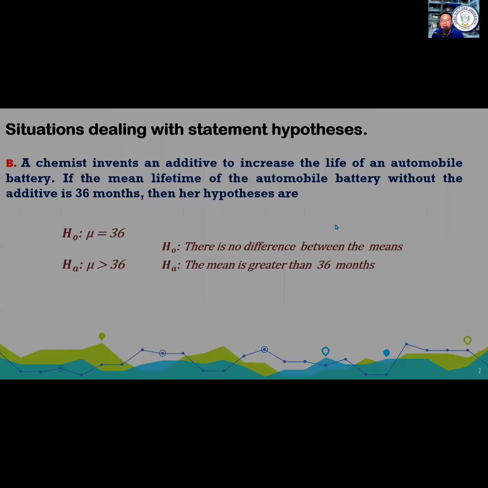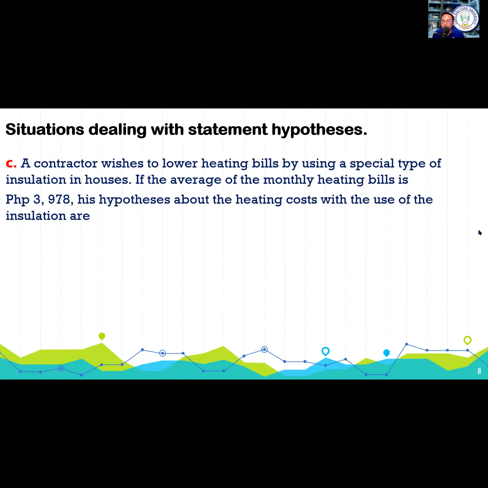Okay? So another example. A contractor wishes to lower heating bills by using a special type of insulation in houses. If the average of the monthly heating bills is 3,978, his hypotheses about the heating cost with the use of the insulation are. So what's our null hypothesis?